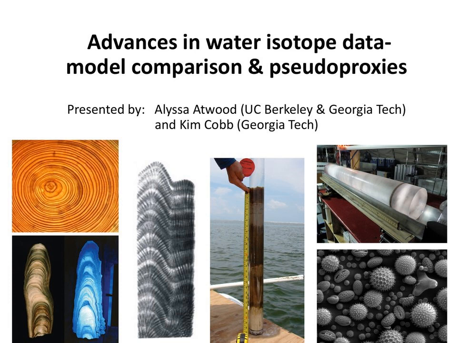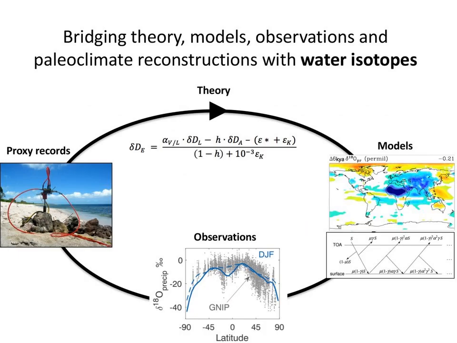So let's move forward. I think water isotopes are really unique in the sense that I think of them as the connective tissue between each of these primary tools that we have to understand our climate system, namely theory, models, modern observations, and paleoclimate proxy records.